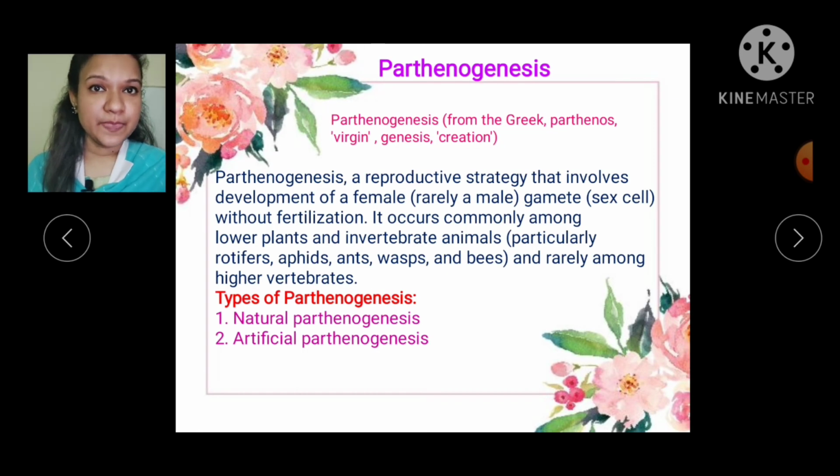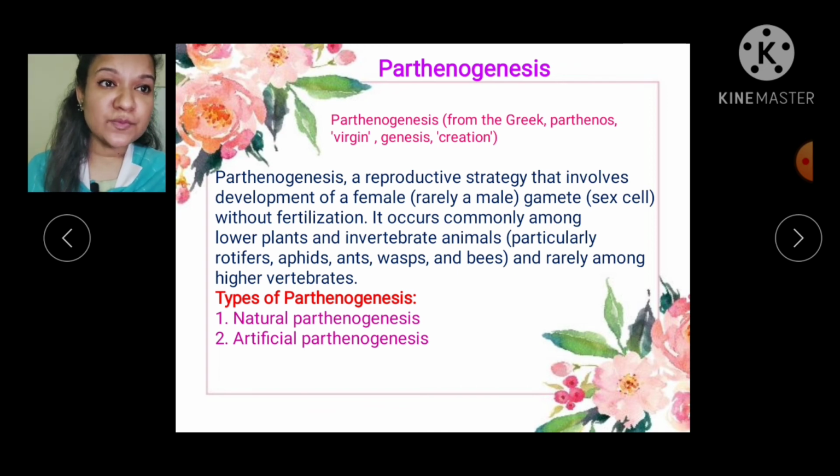And now this is our another topic. This is parthenogenesis. Parthenogenesis comes from the Greek words parthenos, which means virgin, and genesis, which means creation. Parthenogenesis is a reproductive strategy that involves development of a female gamete without fertilization.